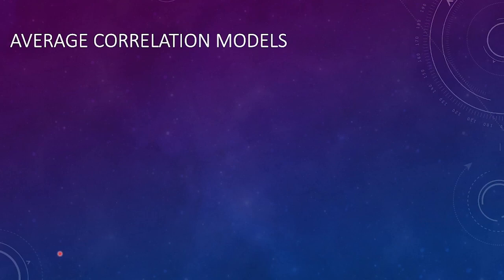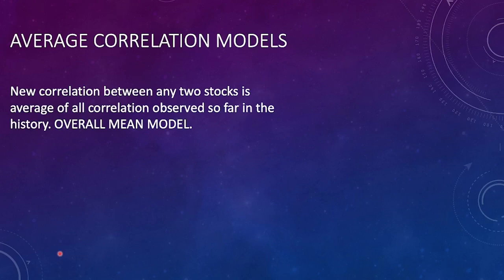Okay, so then people came up with something called the average correlation model. So let's see what that is. Say we are trying to predict correlations, but not really predict them at all. The new correlation between any two stocks is predicted as the average of all the correlations we have observed so far between any pairs of stocks, and that's the new correlation for any pair of stocks.